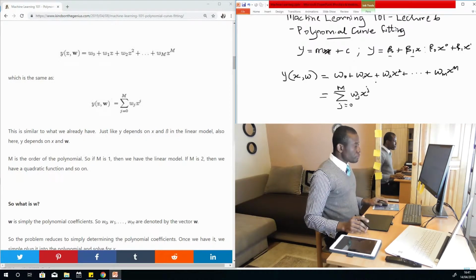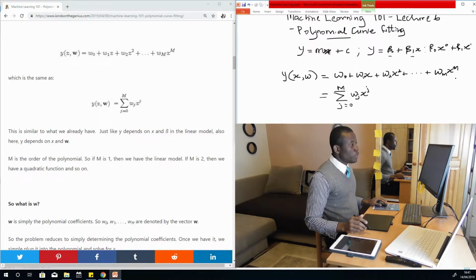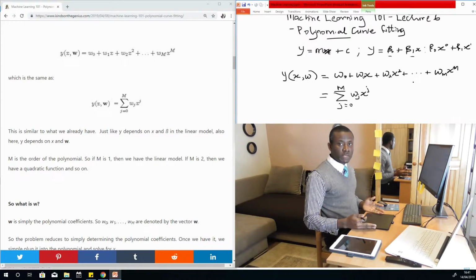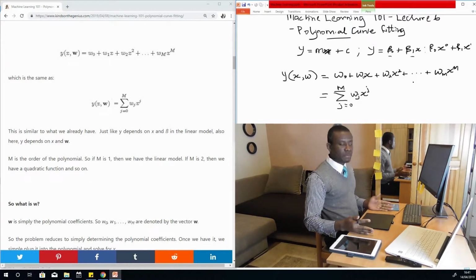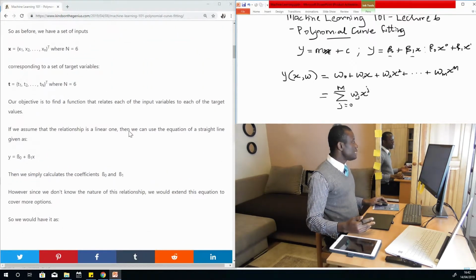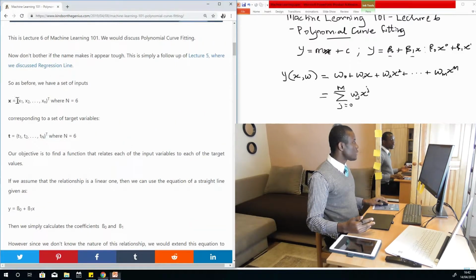Alright. Now, when we have w0, w1, w2 all the way to wm, the coefficient of regression is also now a vector, right? So it has a range of items, because remember that we are representing sets of data using vectors in this way, as you can see here.